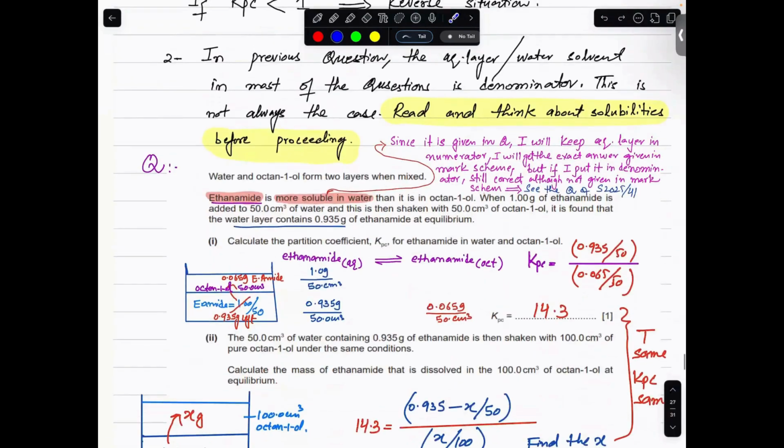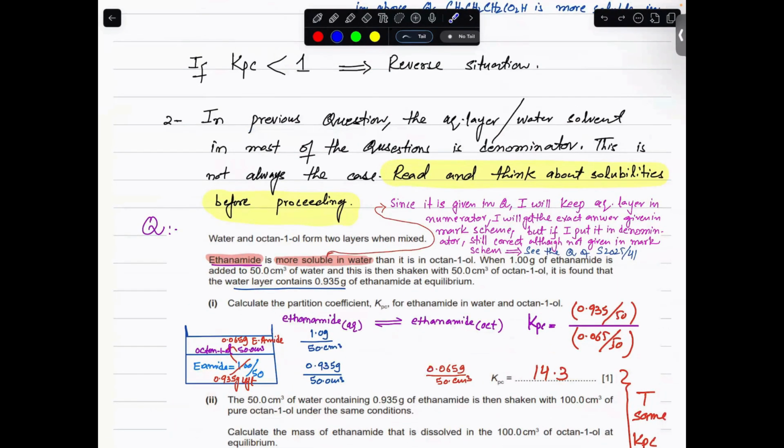And secondly, in previous questions, the aqueous, the water solvent, in most of the questions in past papers, is in the denominator. Like in previous papers, when you do topicals, the water is mostly kept in the denominator. And this is not the case always. Read and think about the solubilities before proceeding.